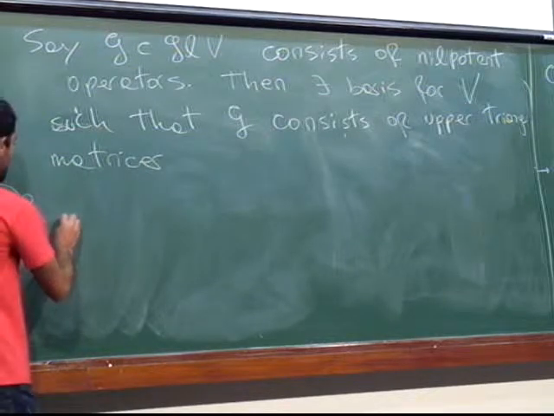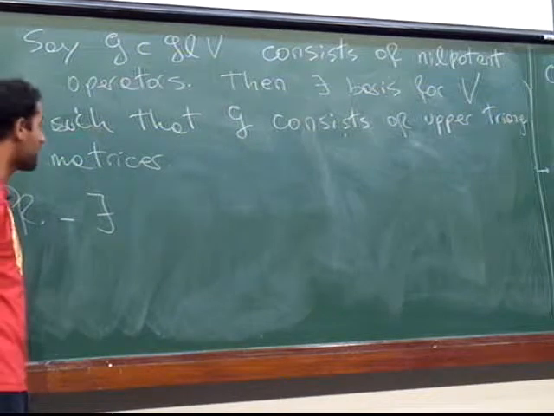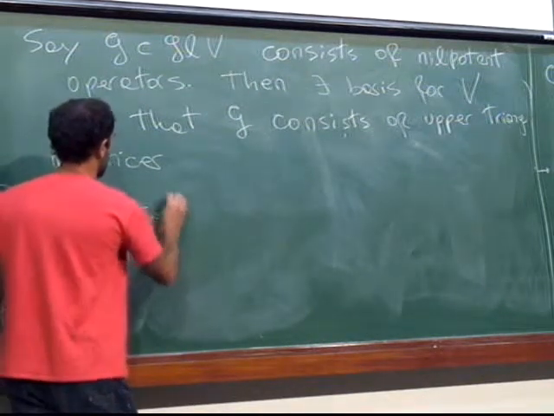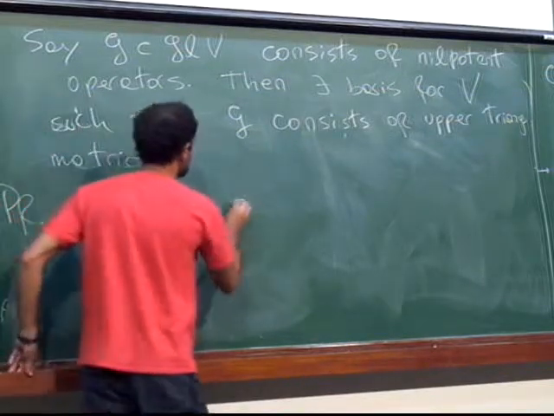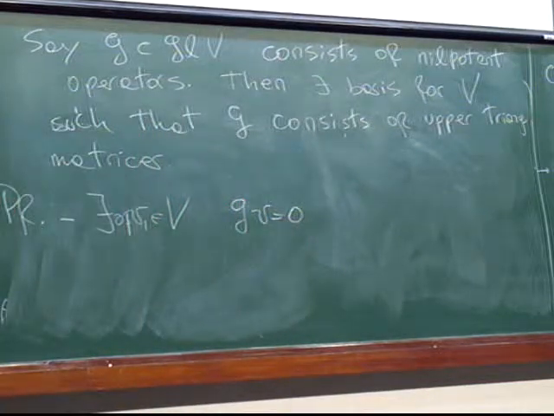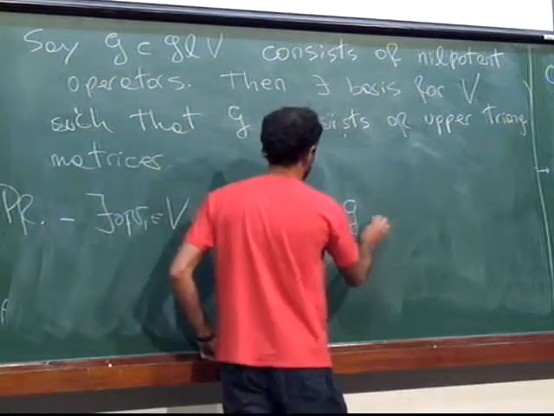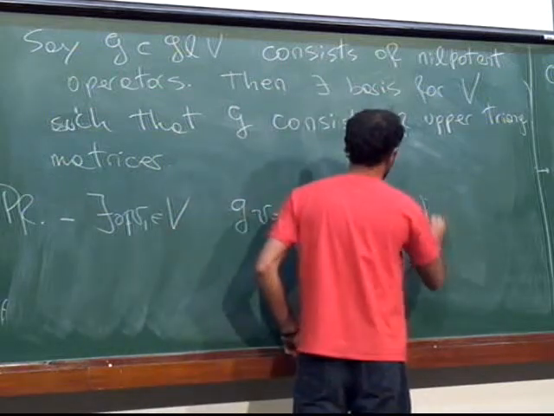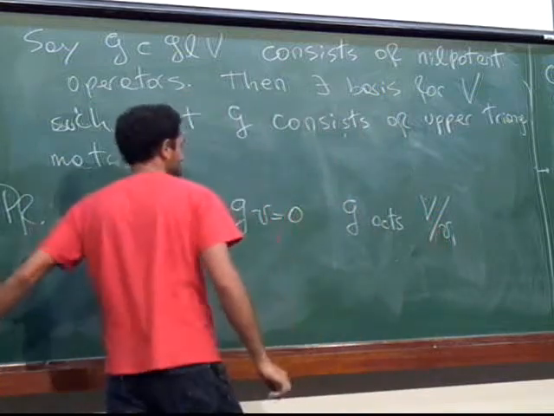So step one, by the theorem, there exists one vector V which is non-zero inside of V. Let's call it V1, which is non-zero, and the whole of G kills it. In particular, G acts now not on V, but on V mod F times V1.